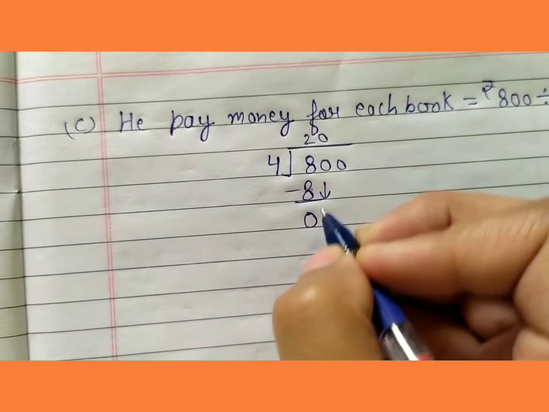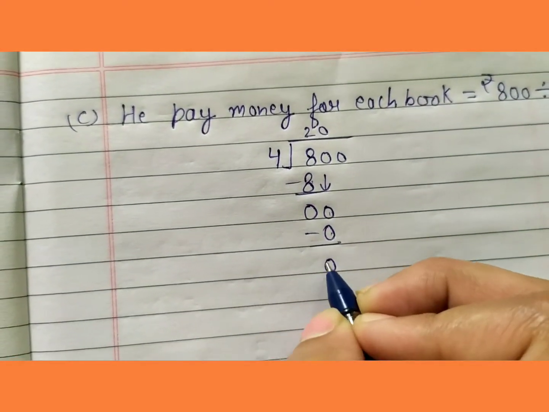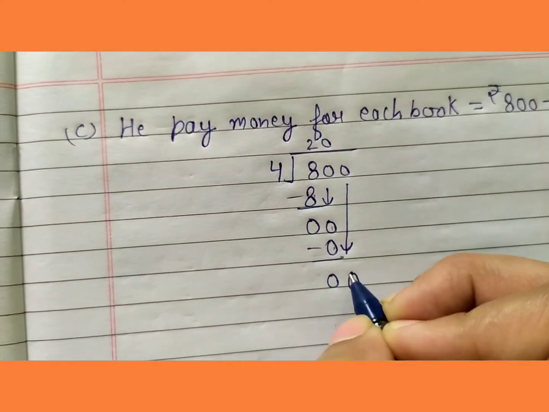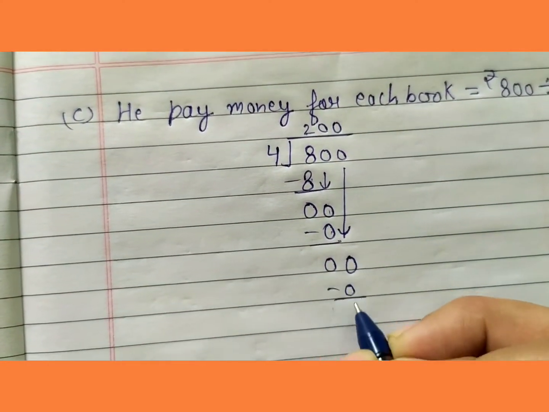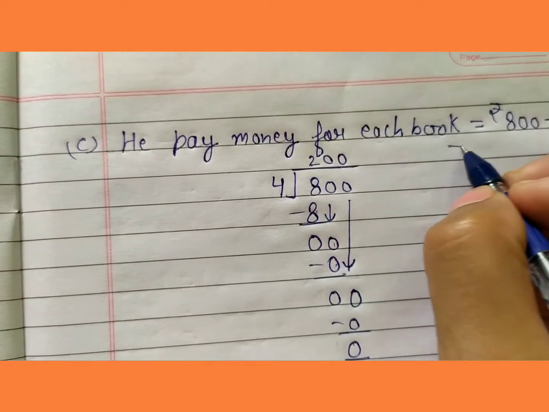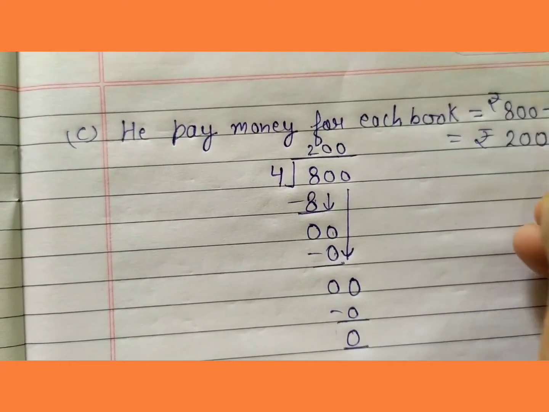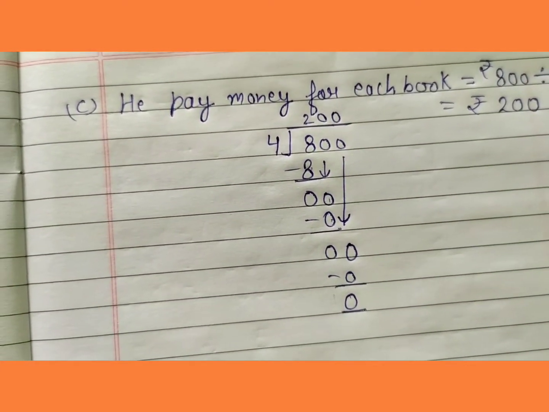Write 0. 4 zeros are 0. 0 minus 0 equal to 0. Write 0. 4 zeros are 0. 0 minus 0 equal to 0. Your answer is 200. Rupees 200. He paid money for each book is rupees 200.